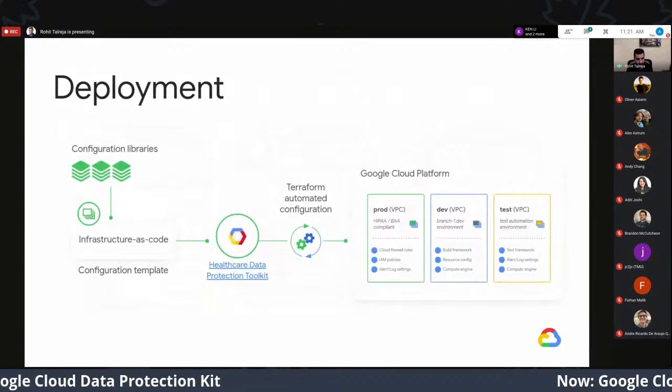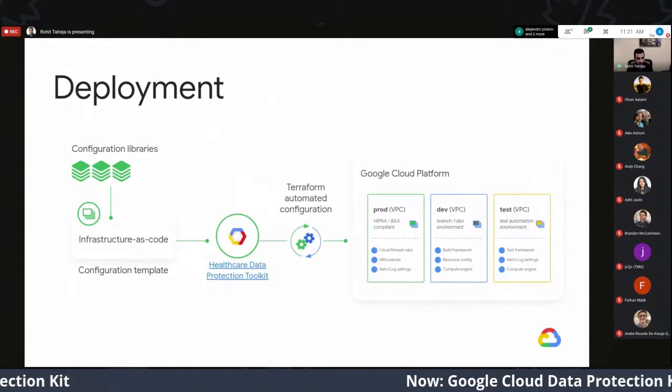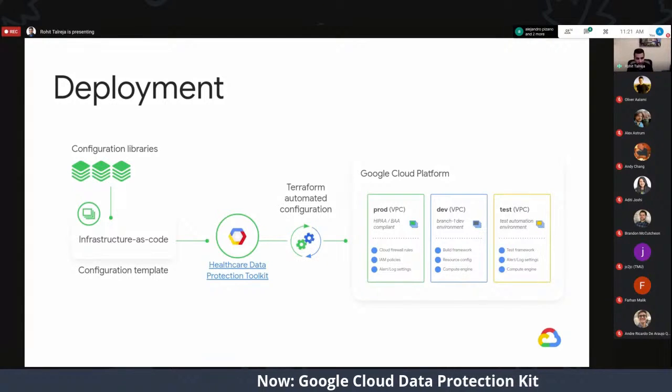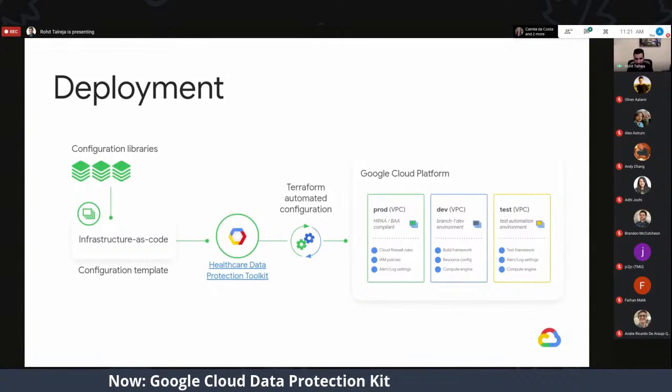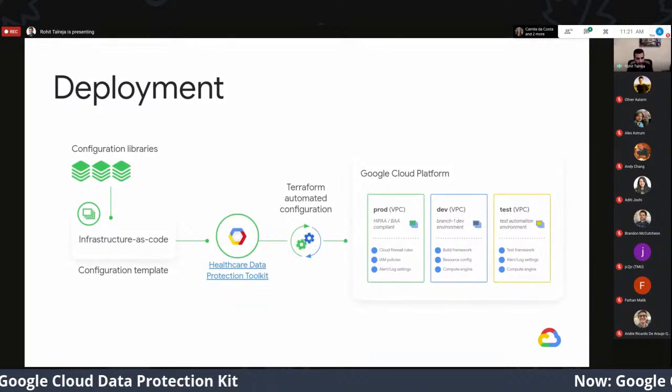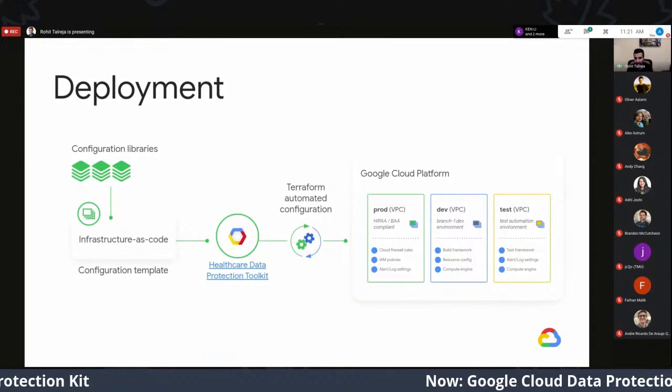So the way this works is we've published a number of templates, and I made some of them available on the Discord channel. These templates define baseline infrastructure.